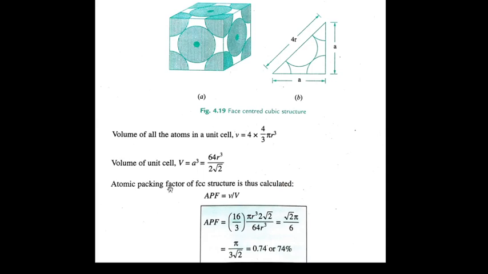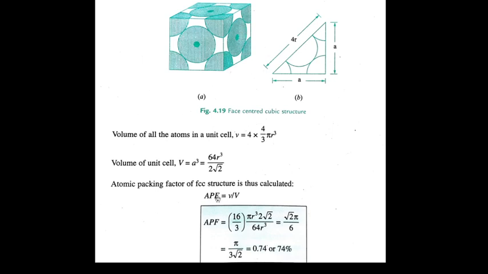And therefore, if there are 4 atoms and 1 atom's volume is 4 pi by 3 r cube, then multiply by 4. So this is the total volume of atoms pertaining to this particular FCC setup. It's still a cubic setup, so the edge length of the unit cell is a, and the volume would be a cube, and therefore it's 64 r cube by 2 root 2.